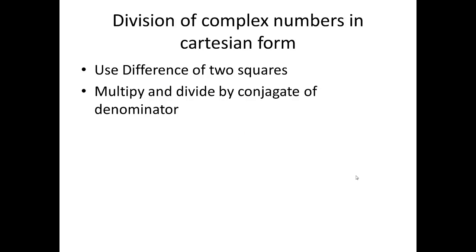We're going to use that difference of two squares, and we're going to multiply and divide by the conjugate of the denominator. So here's my example. 3 minus i divided by 2 plus 3i. We multiply by the complex conjugate of the denominator.